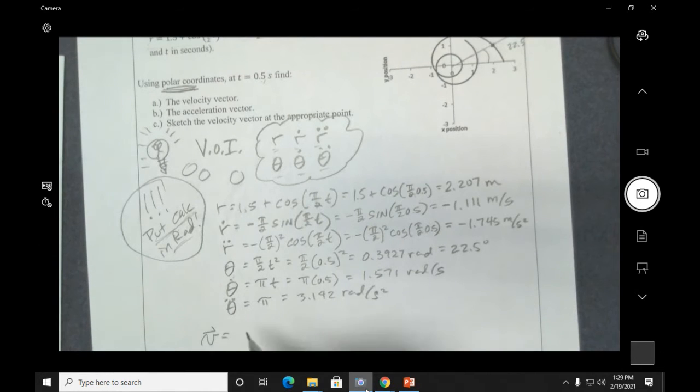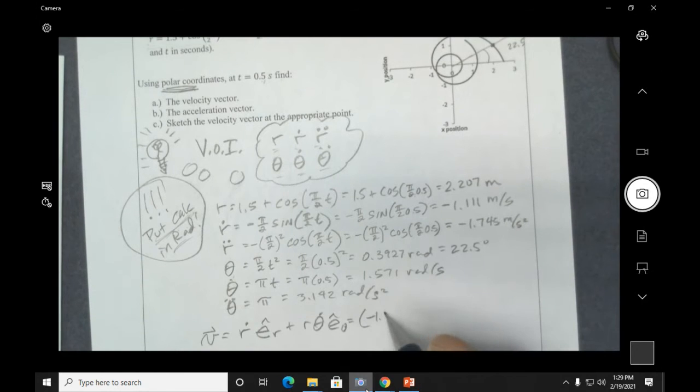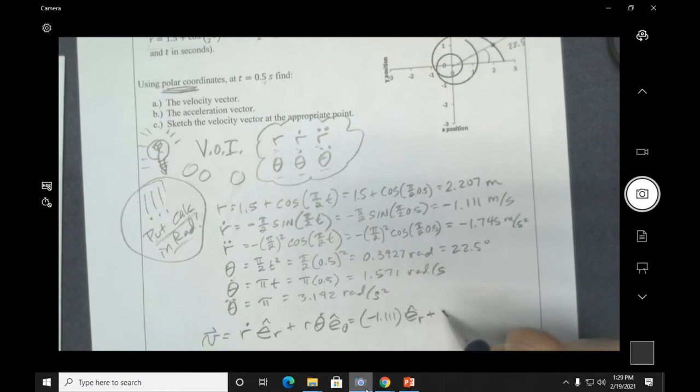So the velocity, now we're just plugging and chugging for this one. R dot e_r plus R theta dot e_theta. R dot given, negative 1.111. And here we're going to take the radius, 2.207, multiply it by our 1.571.